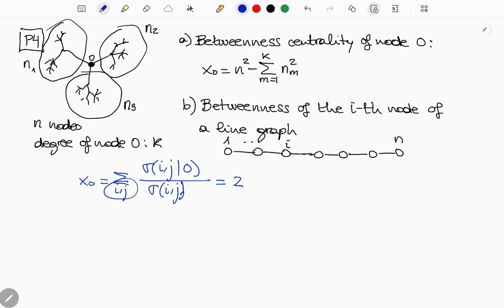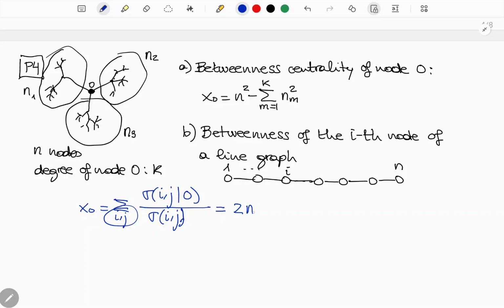So I'm going to count twice as much every pair. So we are going to have twice n1 times n2 shortest paths that go through node 0, plus twice n1 times n3 shortest paths that go through node 0, plus twice n2 times n3.